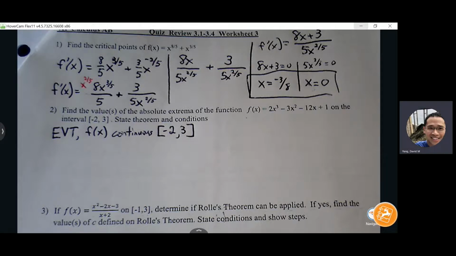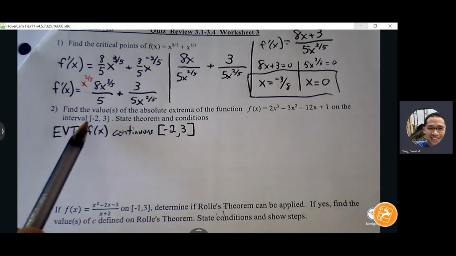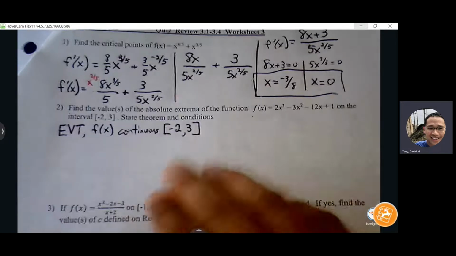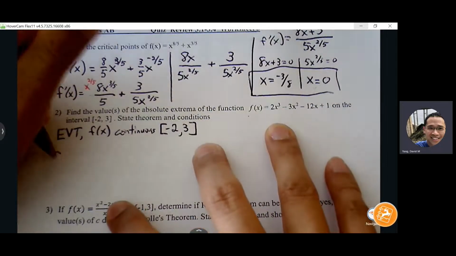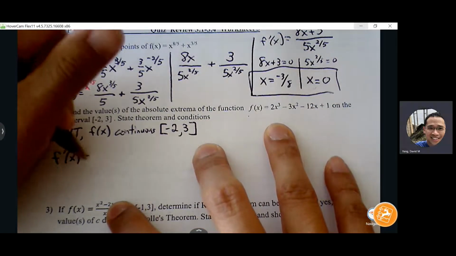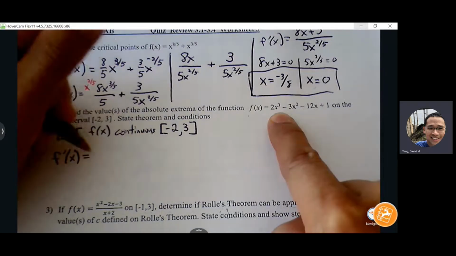Okay, so next step is we want to look for critical points, because critical points could also be candidates for peaks and valleys. So let's find f prime. Okay, go through power rule.